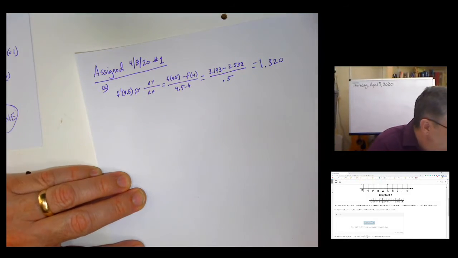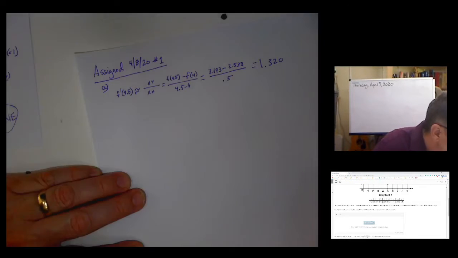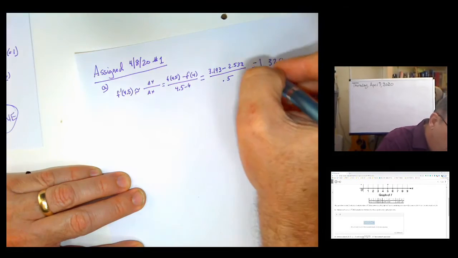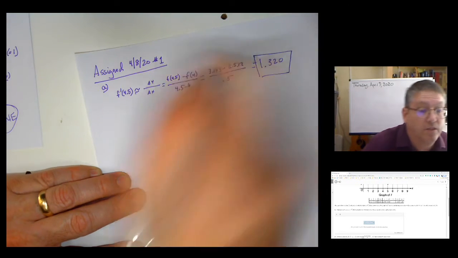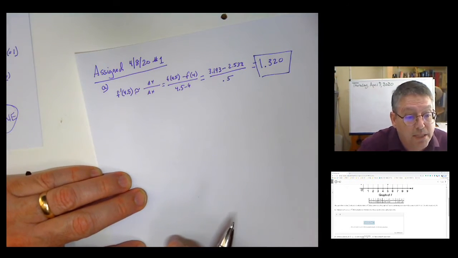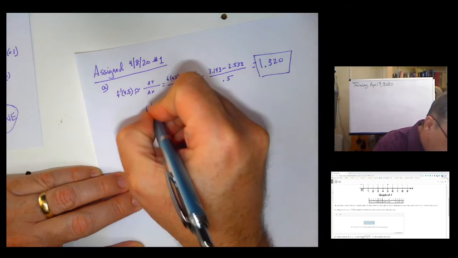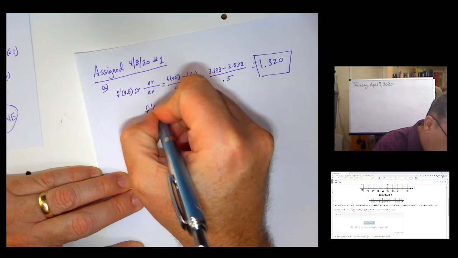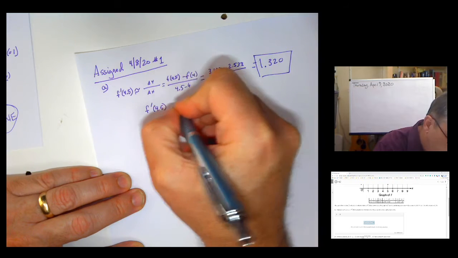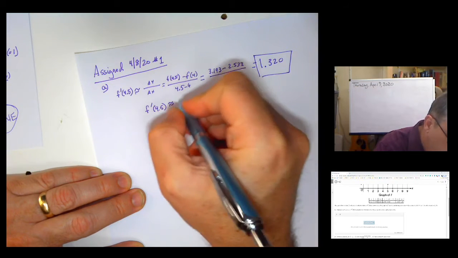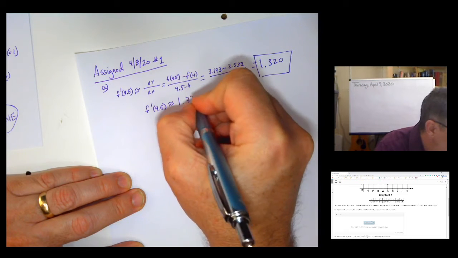That is the answer to the first question. That is the approximate value. So if you wanted the approximate value of f prime of 4.5, it is 1.320.